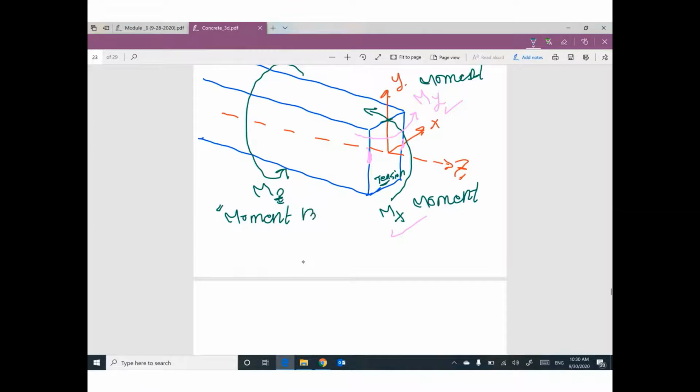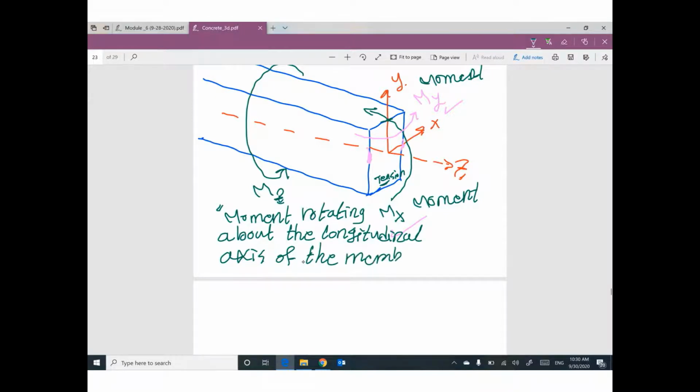rotating about the longitudinal axis of the member or of the beam. Longitudinal axis?